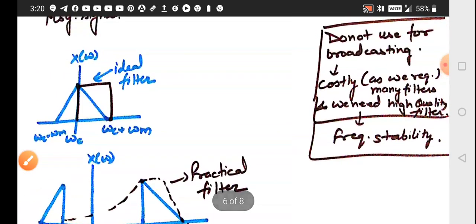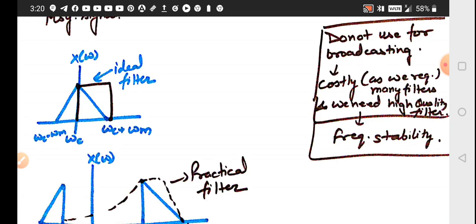Because you need a frequency stable filter; a slight change in frequency will hamper the quality of the transmitted and received signal. We studied it earlier. That's why we need a frequency stable filter having a high quality factor and high selectivity, and that's why these filters are costly.